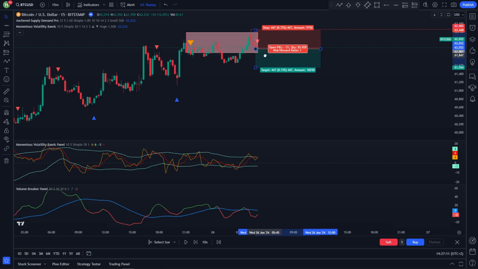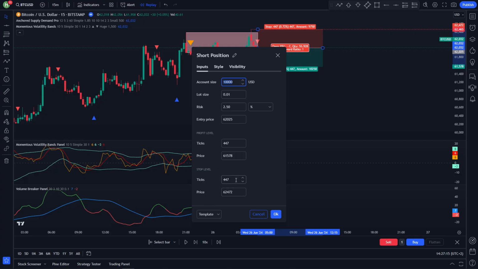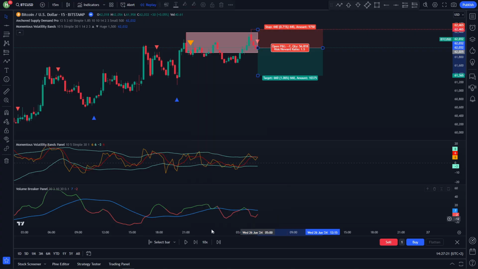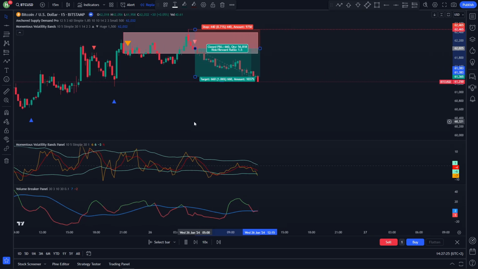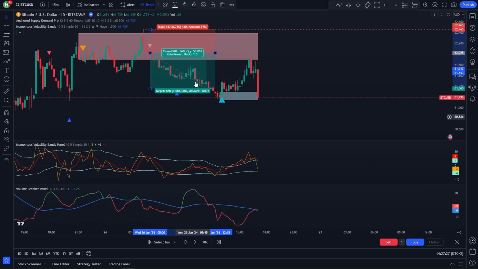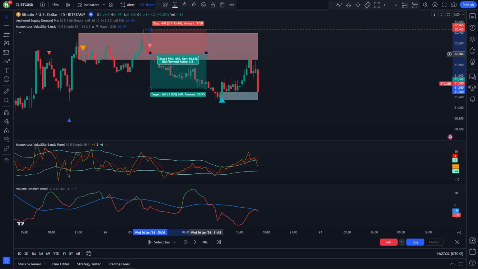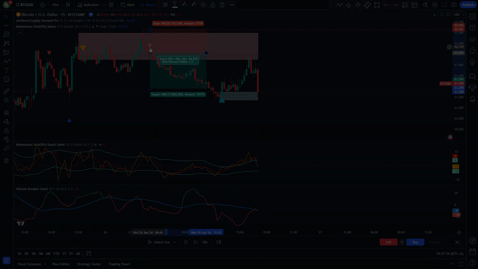For the sell trade, I will again place my stop loss a couple of points above the tested supply zone and aim for 1.5 times the return. The scalping strategy works across various instruments, whether you're trading stocks, futures, or even cryptocurrencies. The combination of advanced indicators ensures we are on the right side of the trend.